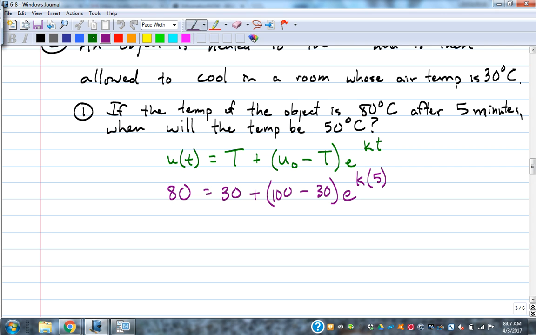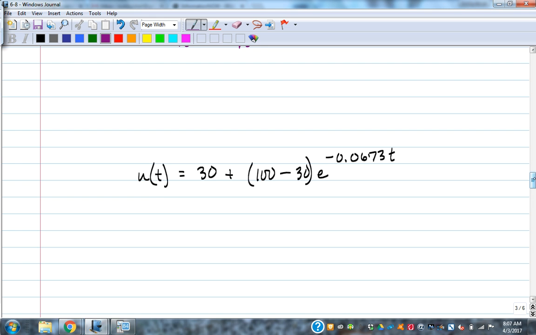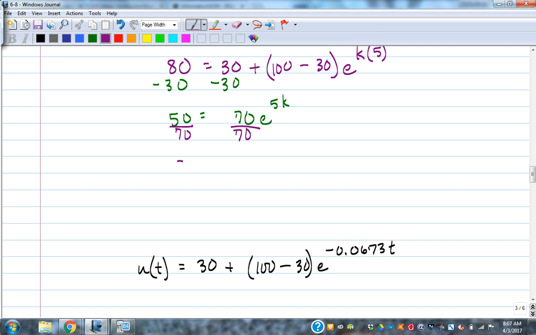So to solve it, you could subtract 30, and there's 50, and that would be 70 e to the 5k. And then I would divide by 70 to get the e to the 5k by itself. 5 over 7 equals e to the 5k.